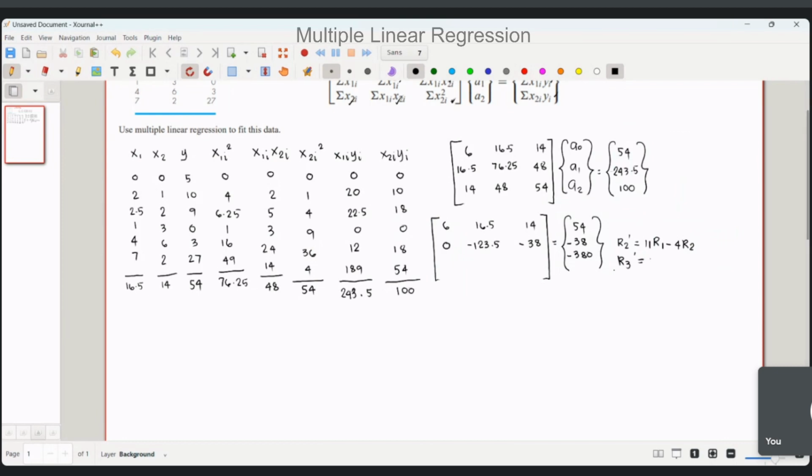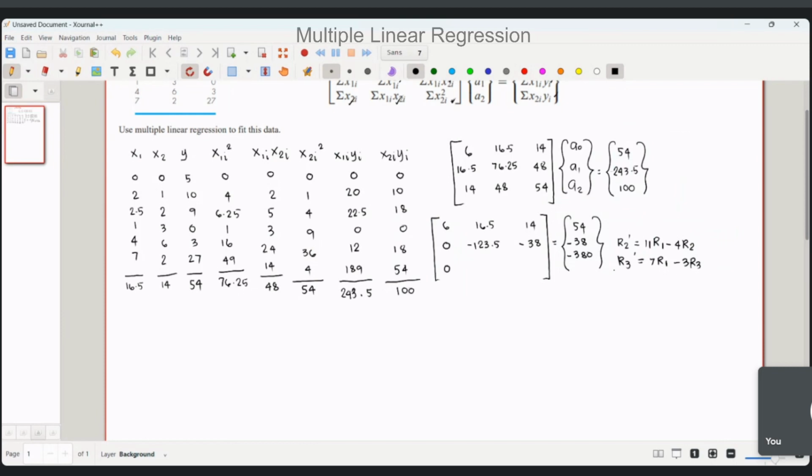So that's 7R1 minus 3R3, right? So that would be 7 times 6 minus, okay, that's 0.